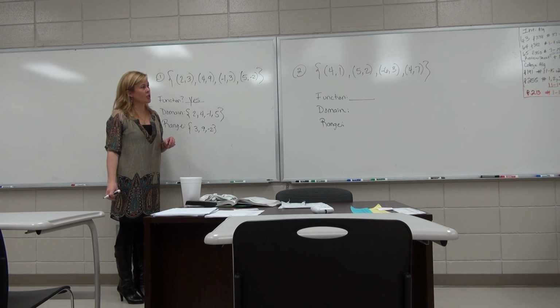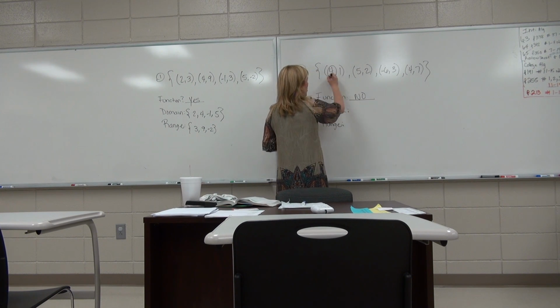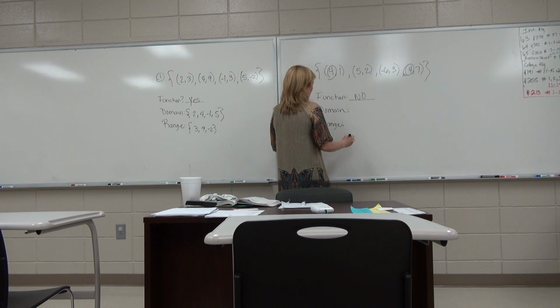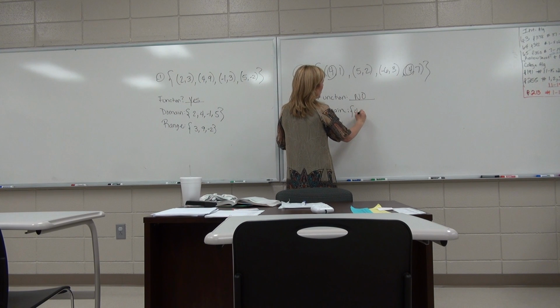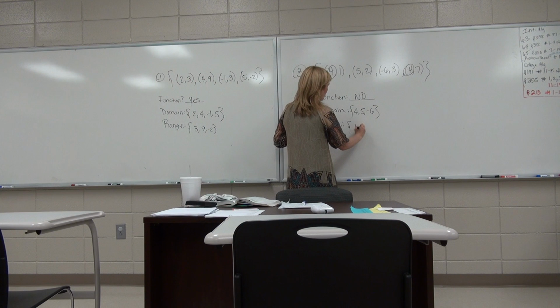Okay, is this one a function? No. Why? What's being repeated? 4. Right, your 4 gets repeated. It's not a function. But your domain is 4, 5, negative 6. The range would be 1, 2, 3, and 7.